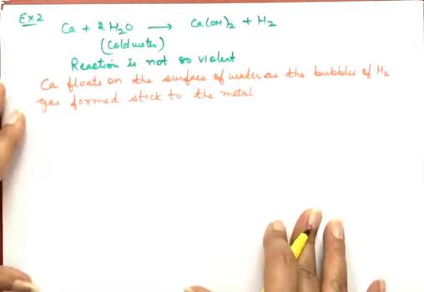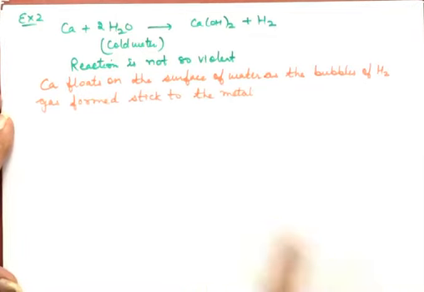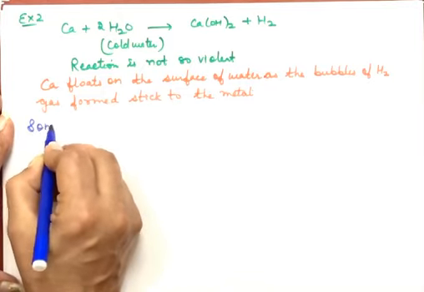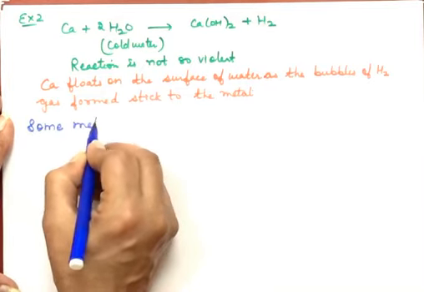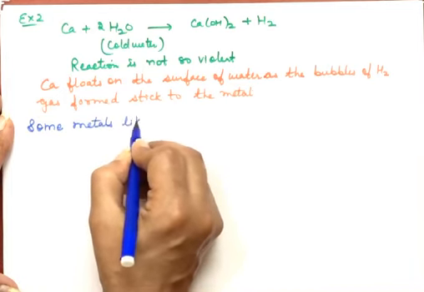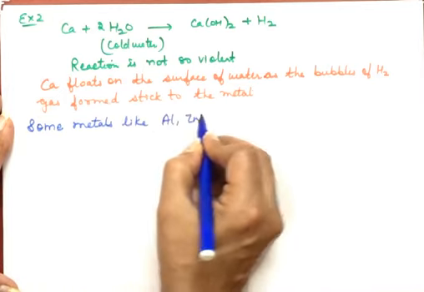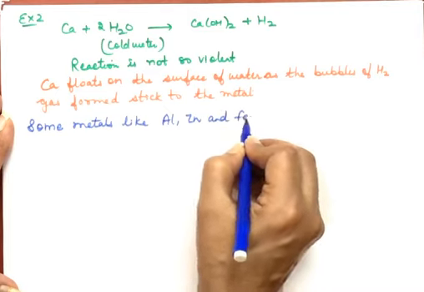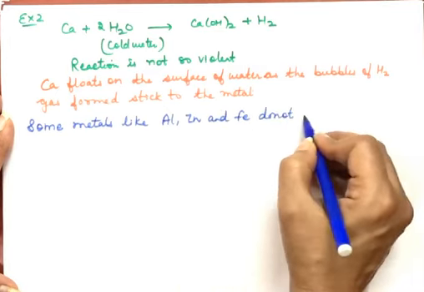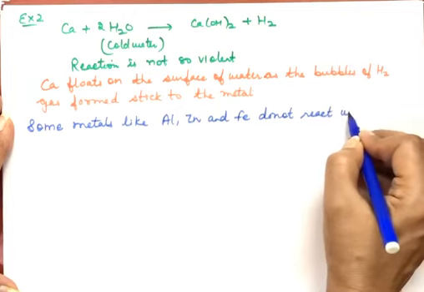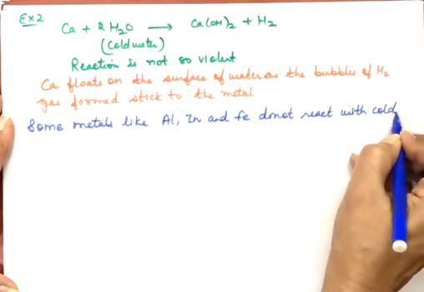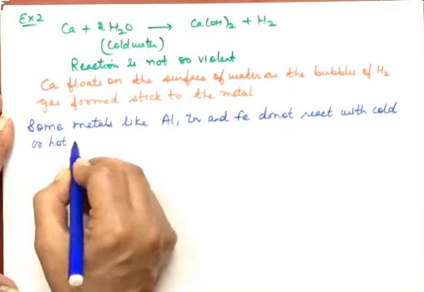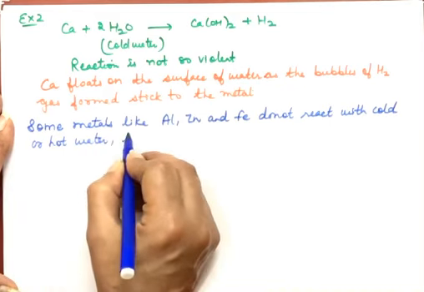But then I told you some metals form the oxides also. Very reactive metals like sodium, potassium, calcium, magnesium form the hydroxides, and other metals form the oxides. So now we come to these metals which are forming oxides with water. Some metals like aluminium, zinc and iron do not react with cold or hot water, but they react with steam.